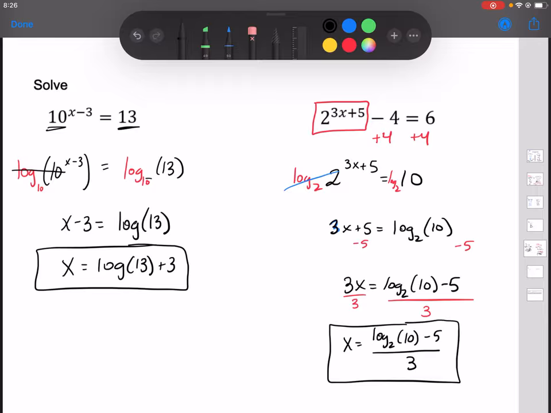And that would be your exact answer. If you want the approximate answer, you'll just have to use change of base to evaluate log base 2 of 10. So just as a reminder, change of base would mean you do log of 10 over log of 2. Then you'd subtract 5 from that answer and divide all of that by 3. Or divide it all by 3, not from 3.